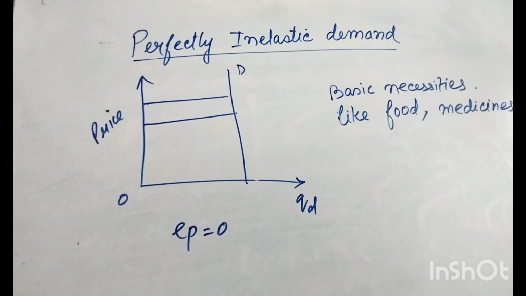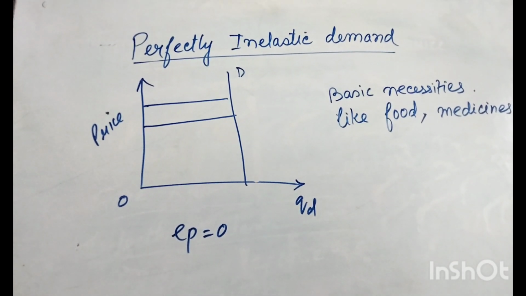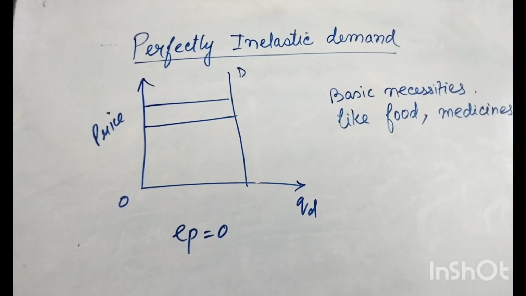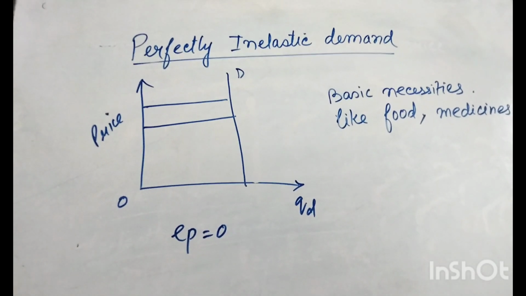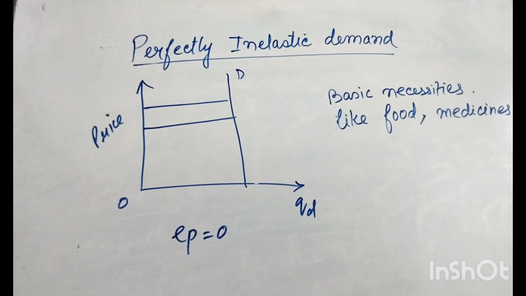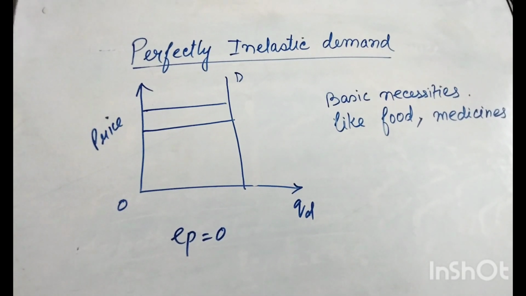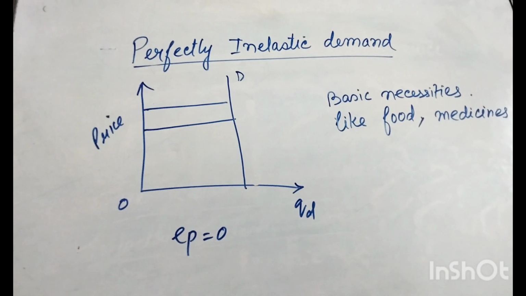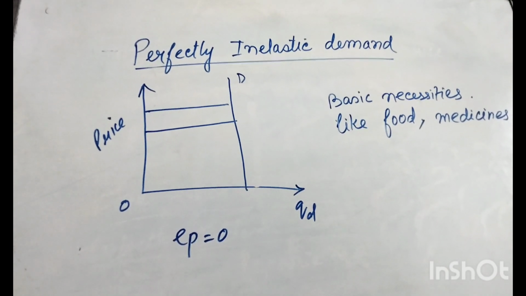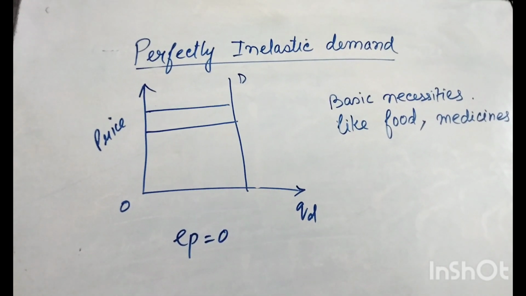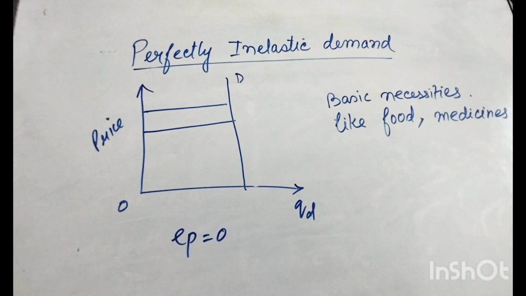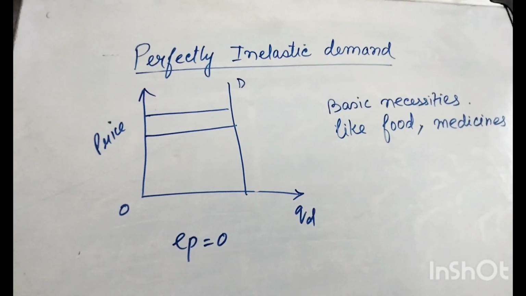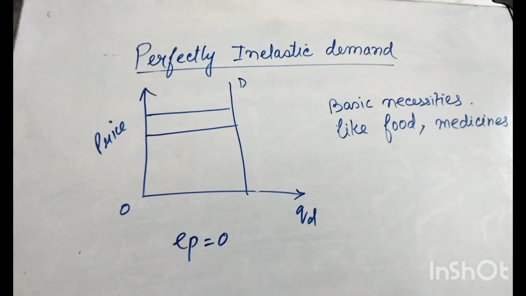Medicines are also very necessary for our existence, life-saving ones. Whatever be the cost, we will buy it. Wherever we can arrange the money, we will arrange it and have it. So these are the basic necessities. In that case, whatever be the price, your quantity demanded won't change.